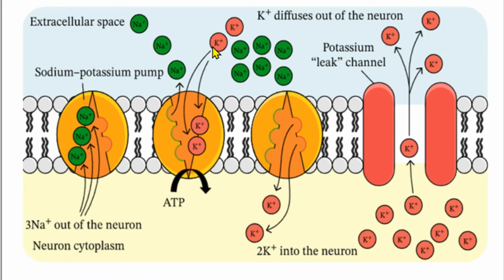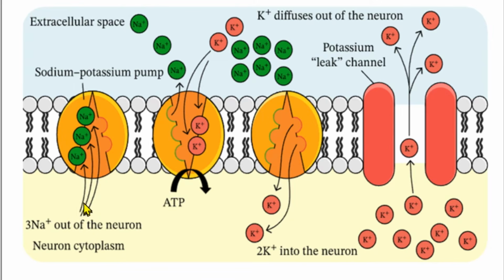What's to notice is that these are actually positive ions. What's happening here is that they do a trade, and for every 3 sodiums that get removed from inside the cell, down here is inside the cell, 2 potassiums move in.